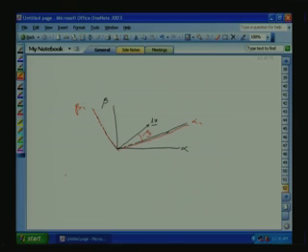IR alpha 1 is equal to IR magnitude into cos theta, and IR beta 1 along the beta component is equal to IR sin theta.